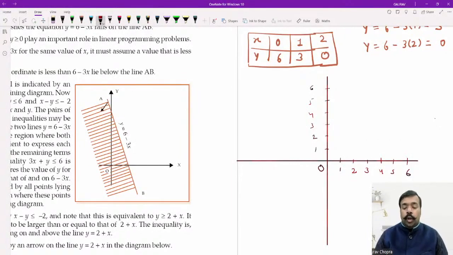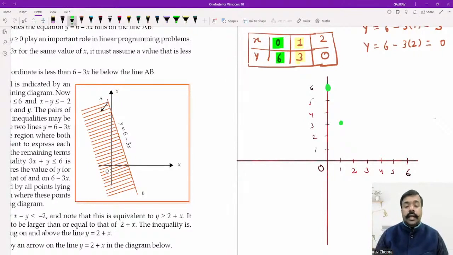Now simply we have to plot when x is 0. When x is 0, y is 6. So this we are plotting first. This will be the point. All right. Then the second one, when x is 1, y is 3. That means this will be the point.